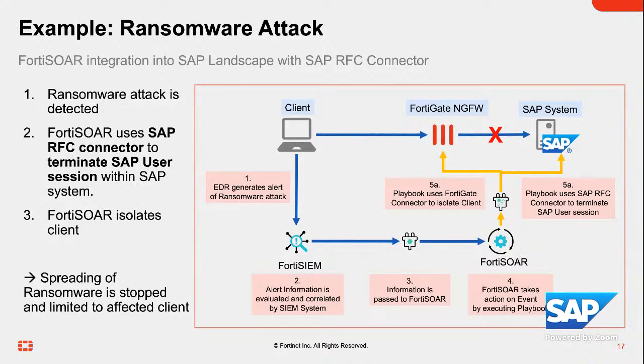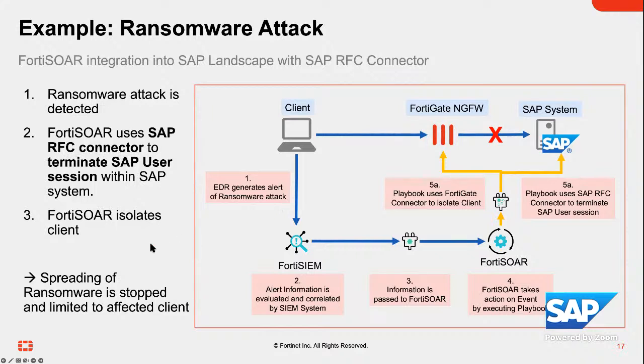The second action that FortiSOAR could take is to use the SAP RFC connector to terminate the SAP user session, so that ransomware would not be able to get into any SAP system or into the SAP landscape, as an example.